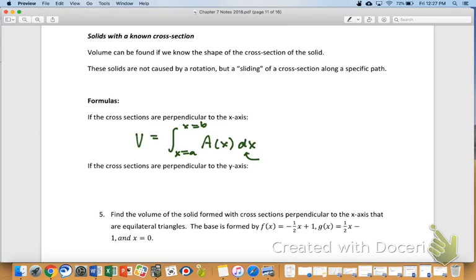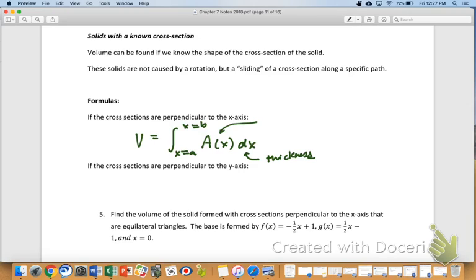So dx, of course, stands for the thickness. This time it's not going to be the thickness of a disc or the thickness of a washer. It's going to be the thickness of a little cross-sectional shape. Triangle, square, rectangle, whatever. And then A of x, anybody want to venture a guess as to what that might mean? The formula for your shape. Say again?